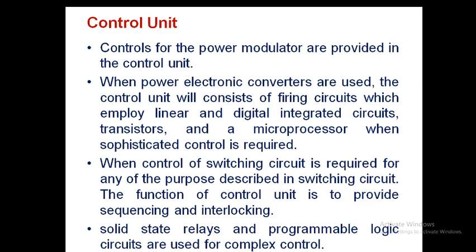Then only we can get that particular power converter output properly. So that needs to be achieved with a proper sequence of firing pulses. Then only can we achieve the required voltage or power levels at the output of the power converter.